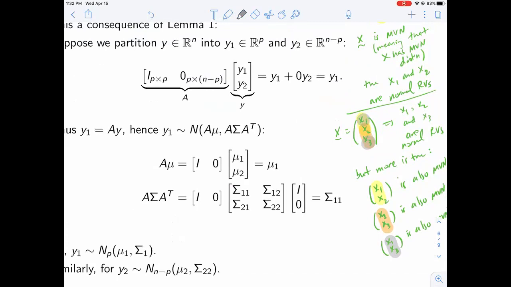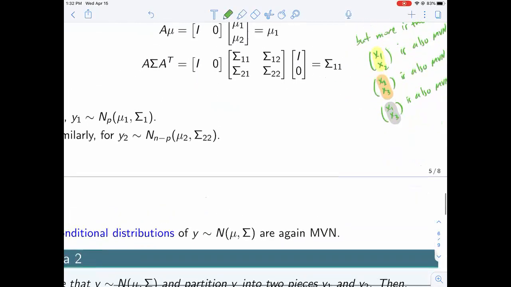So you can take one piece from here. Another example.